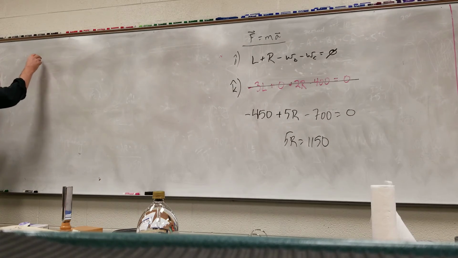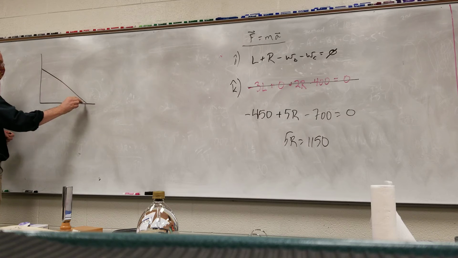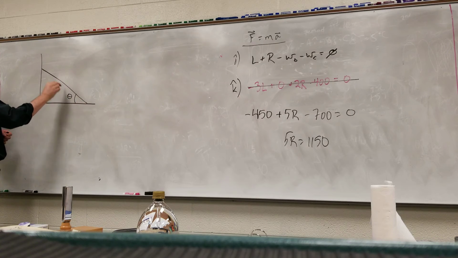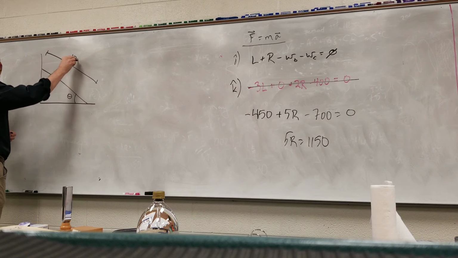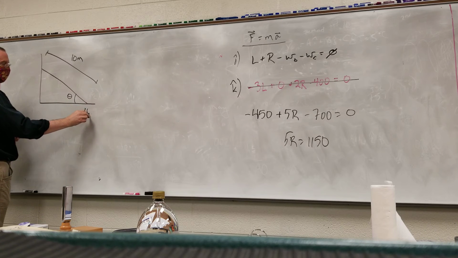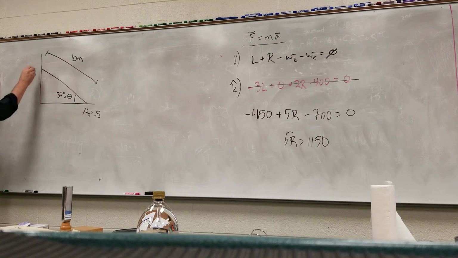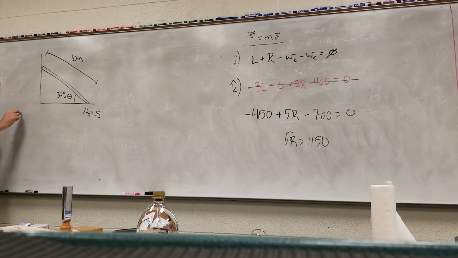The classic ladder and wall problem. Meter long ladder. We'll make mu's S equal to 0.5, and let's make this 37 degrees. This is a ladder. Mass of the ladder, 10 kilograms. Mass of a person, make 50 kilograms.